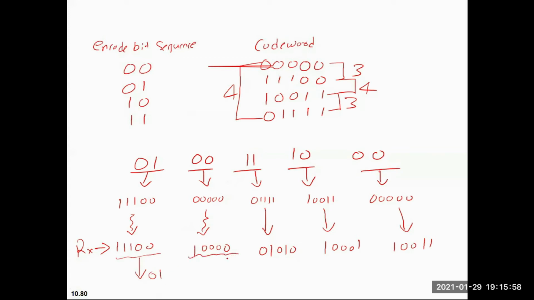If you consider this one, these 4 zeros are not there in the code words. So what it will do is check the Hamming distance of this received code word from all these code words.